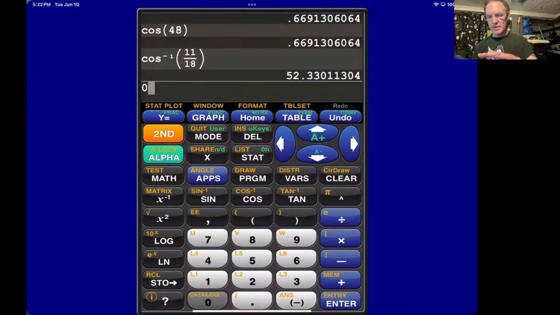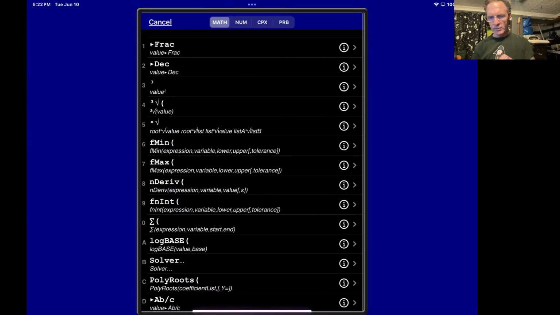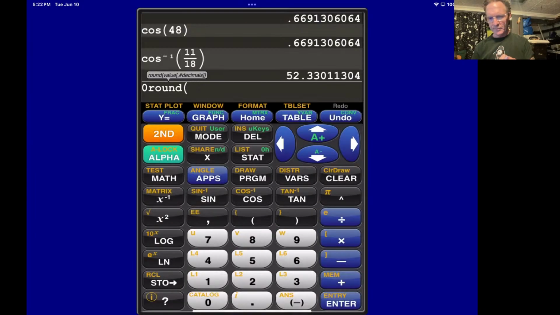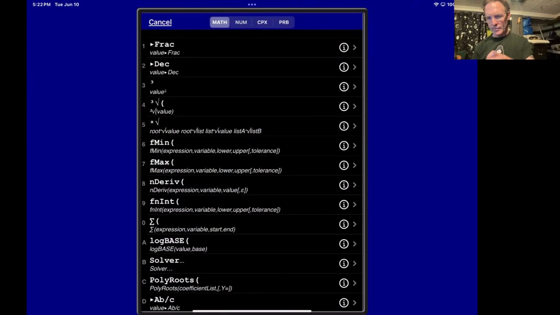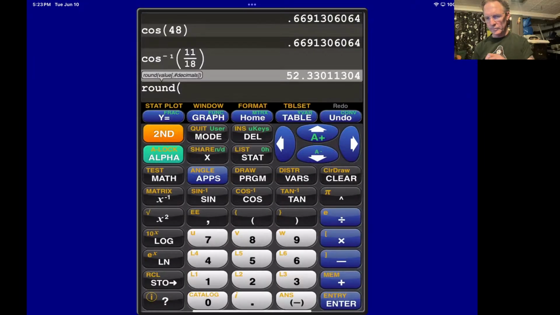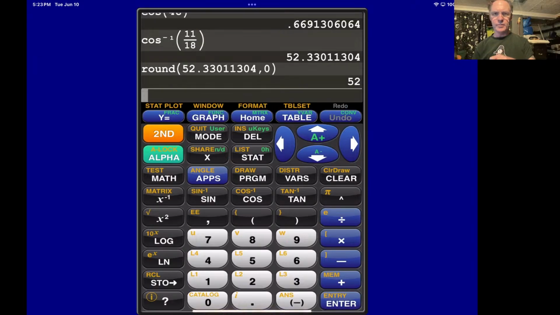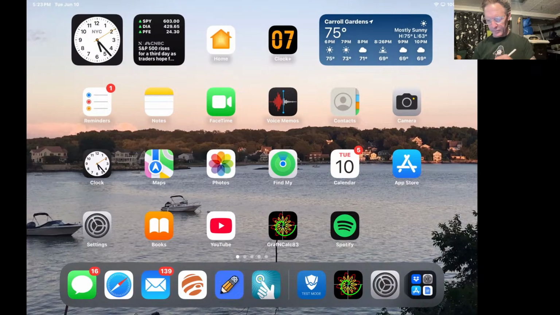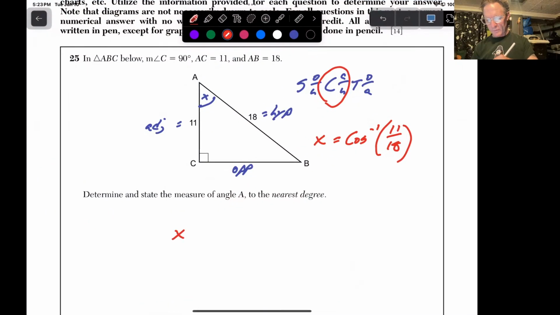And we want to round that to the nearest degree, so we can even use the little round function. Zero decimals, 52. So x is approximately equal to 52. Okay.